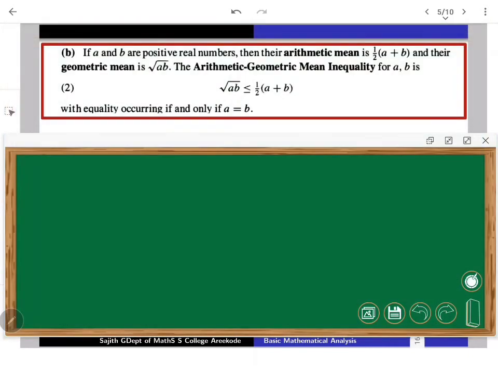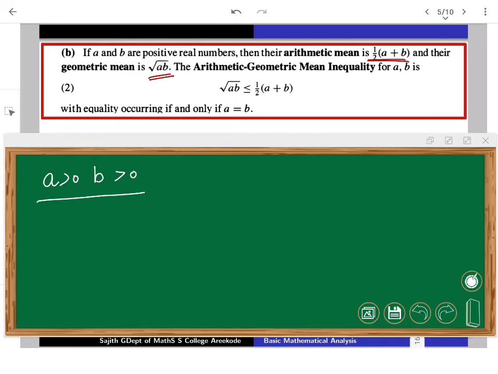Our inequality says two positive real numbers are given, A and B. A is given and B is given. Both are positive real numbers. Then one can find the arithmetic mean. That is half of A plus B, which is (A plus B) by 2. The geometric mean is given by the positive square root of AB. Just take the product and the positive square root.